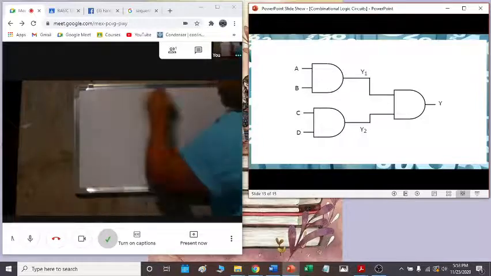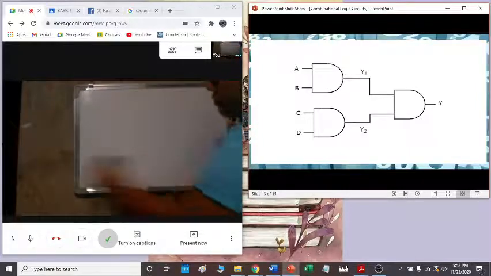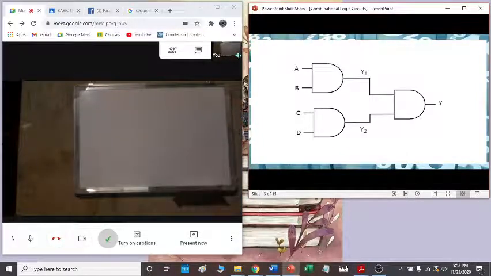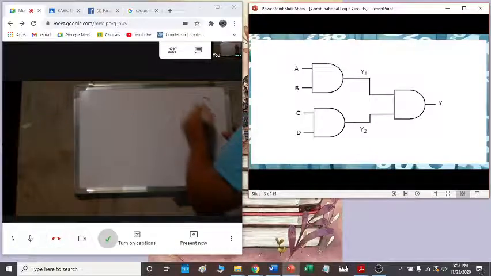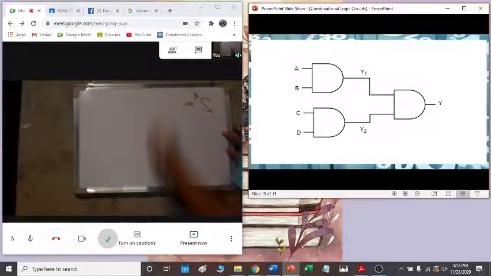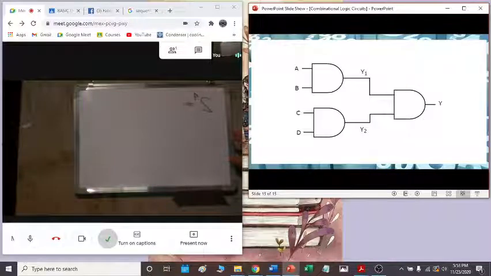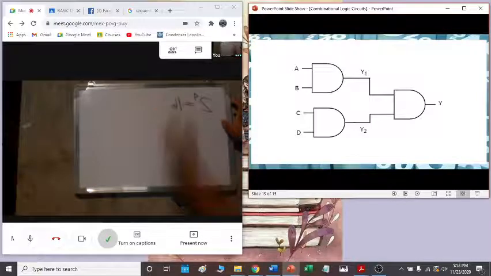Since it has 4 inputs, we use the formula 2 to the power of n. So 2 to the power of 4 is 16. Since 2 times 2 is 4, 4 times 2 is 8, and 8 times 2 is 16. So 16. So in our combinational logic circuit, they are all AND gates.